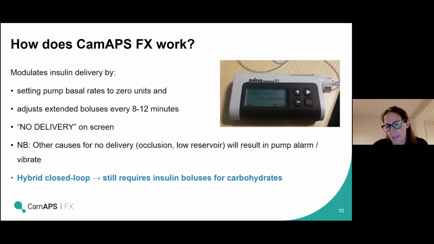Other causes for no delivery that may be of concern, such as an occlusion or a low reservoir, will result in the pump alarming or vibrating. Whereas when closed loop or auto mode is in operation, it will flash no delivery, but it won't alert or vibrate. And of course, this is a hybrid closed loop system, so it still requires insulin boluses to cover carbohydrates.